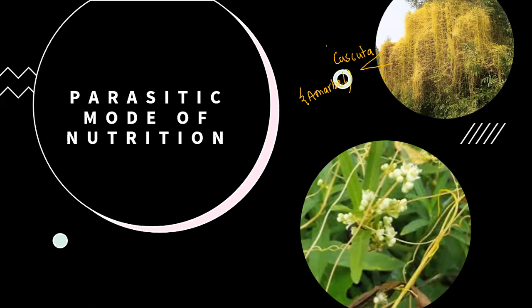It takes the ready-made food that is made by the host plant. Since it derives all the nutrients from the host plant, it is called a parasite. This mode of nutrition is what we call the parasitic mode of nutrition.